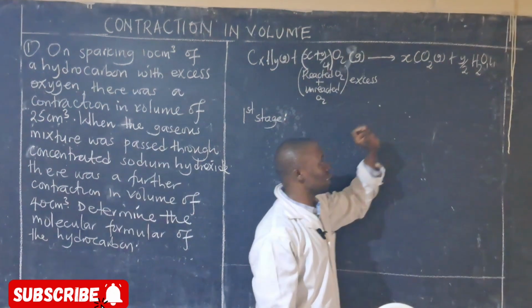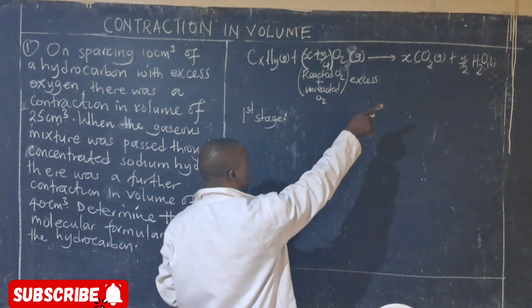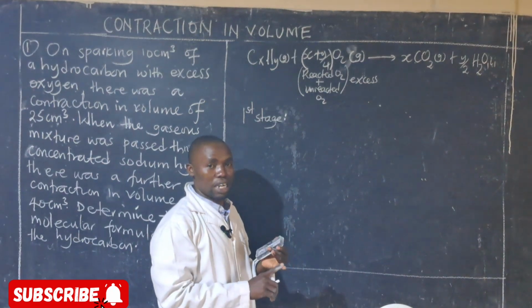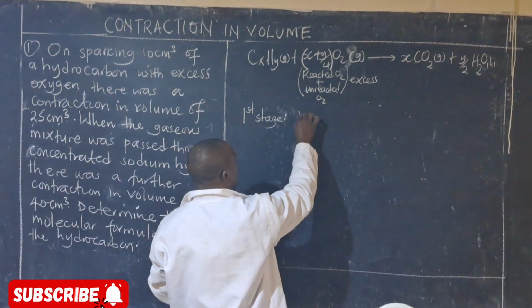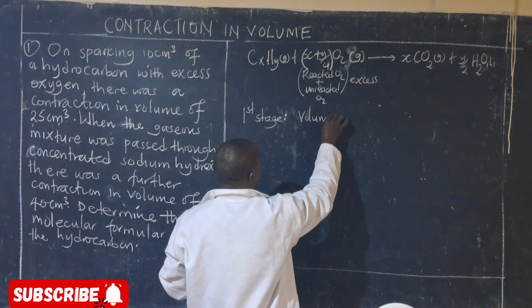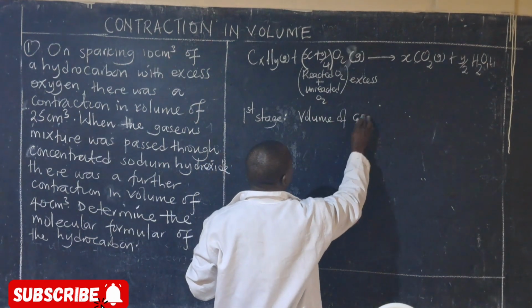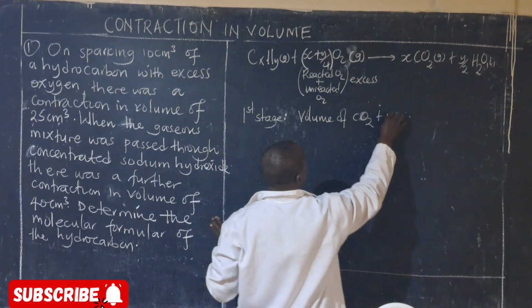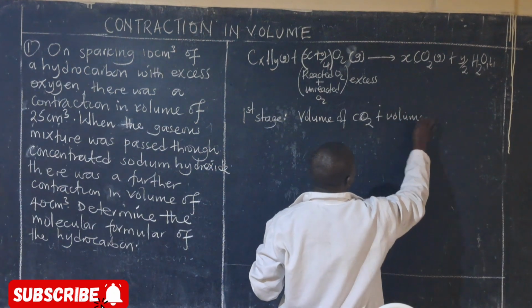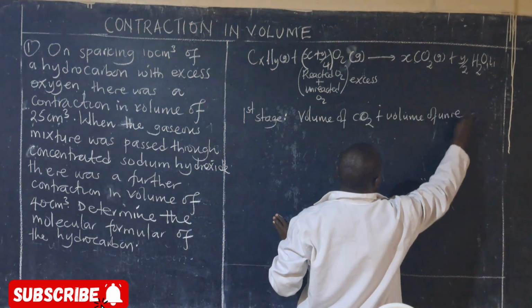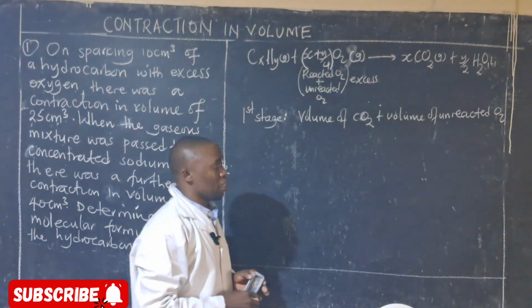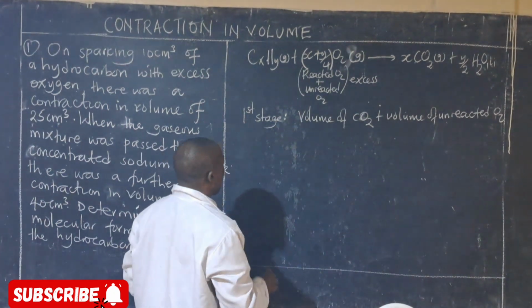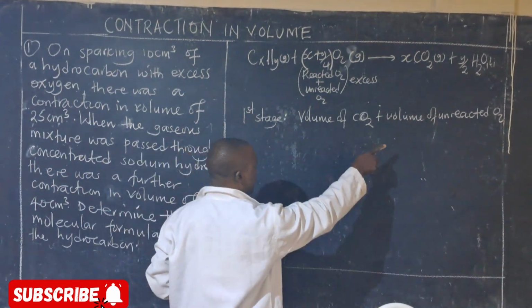Then I cool the mixture, to leave me with the gases only having unreacted oxygen and carbon dioxide. So at the first stage, I have volume of carbon dioxide plus volume of unreacted oxygen. So I have two there.